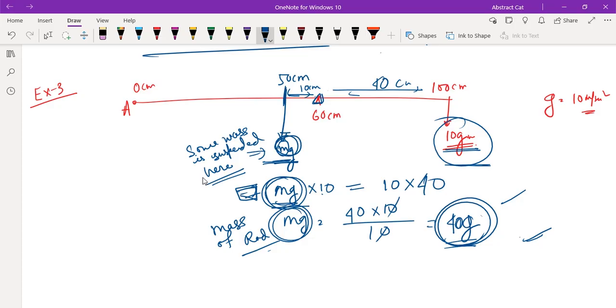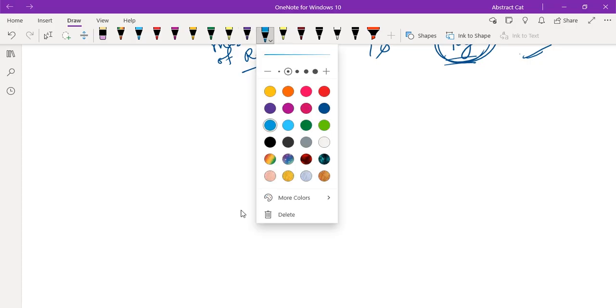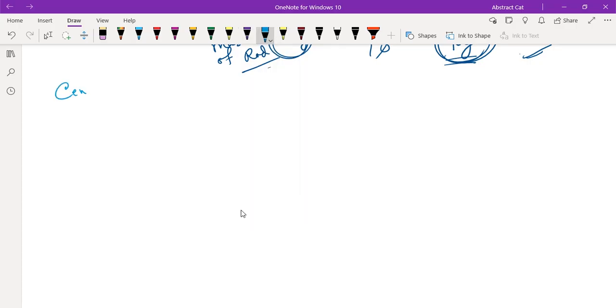Now the next topic we discuss is the center of gravity.